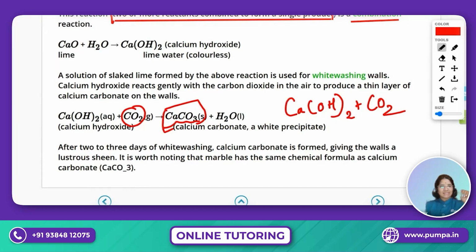Marble also has the same chemical formula as calcium carbonate. Got it?